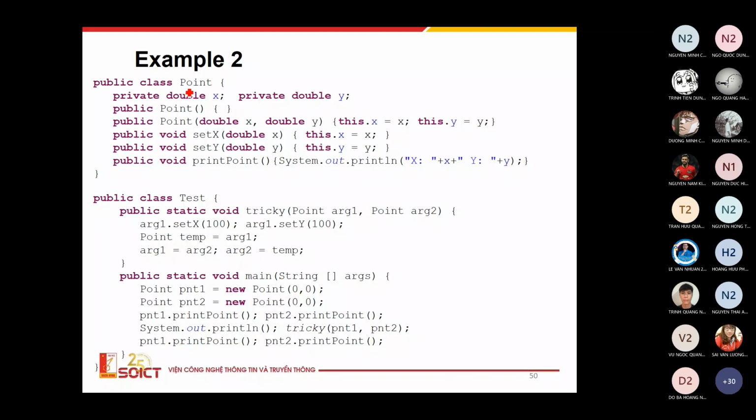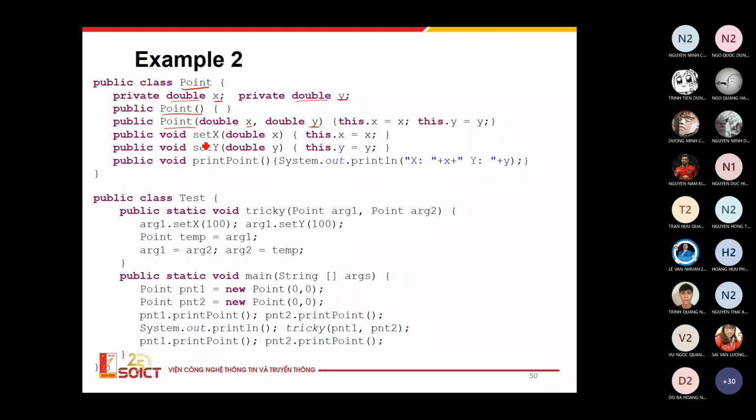I declare a class named Point, with access modifier public. And I have attributes x and y. And then I have a constructor with no parameters, and a constructor with two parameters x and y.